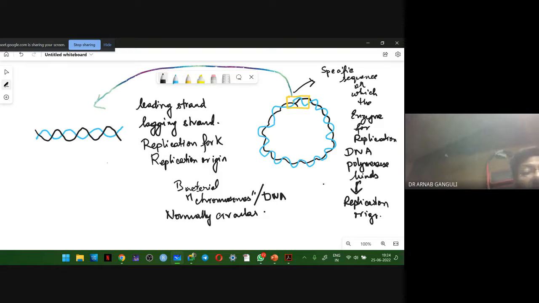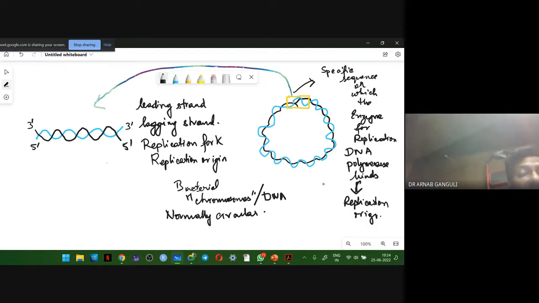Let this be the 3' end, 5' end, and this is the 3' end, 5' end. Are you clear about this region? I'm just taking this region outside separately from this circular part.